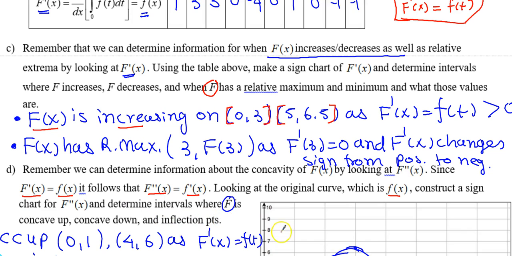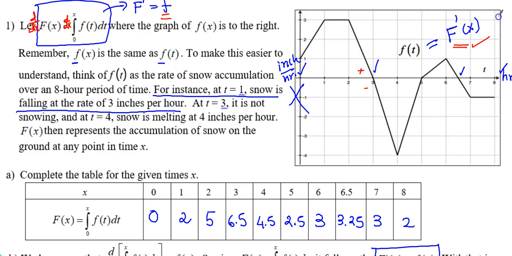So I'm going to take you up here. This is f prime of x. If I'm talking about concavity, I can see that f prime is increasing. That means second derivative positive, concave up.